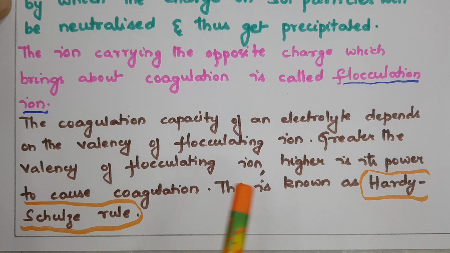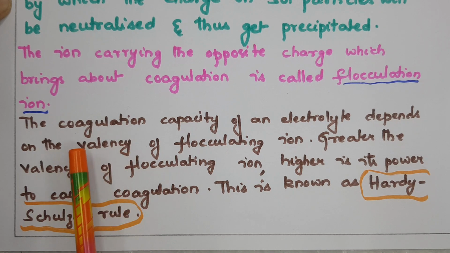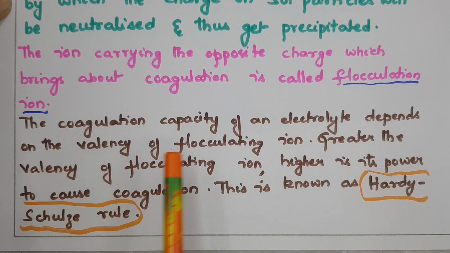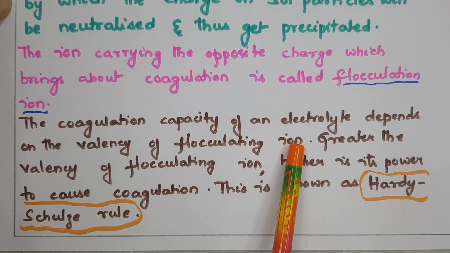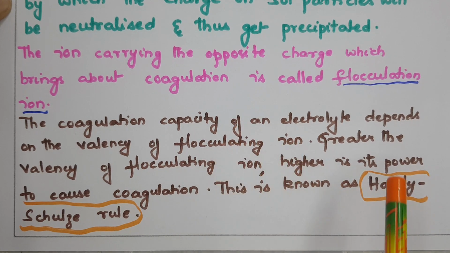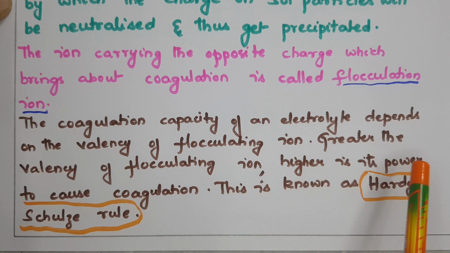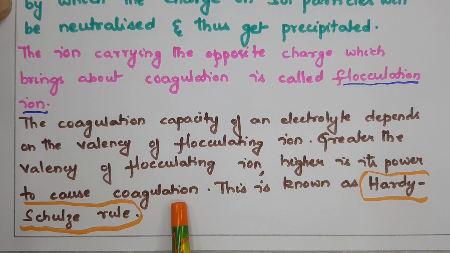Then you can state the rule: the coagulation capacity of an electrolyte depends on the valency of the flocculating ion, and greater the valency of the flocculating ion, higher will be the power to cause coagulation.